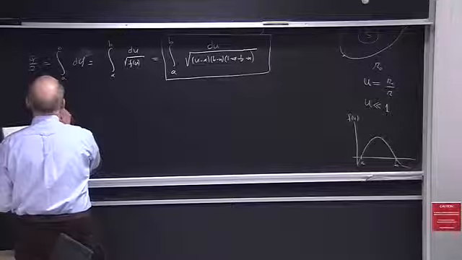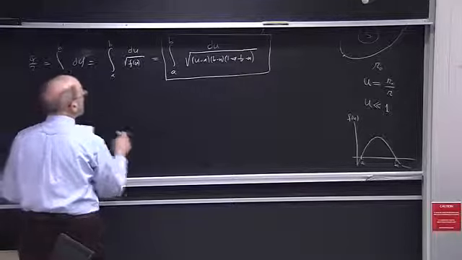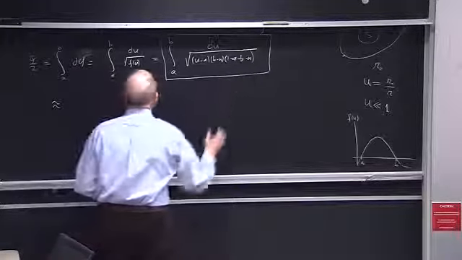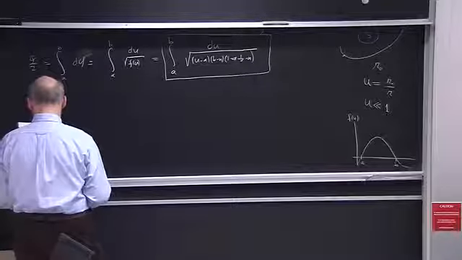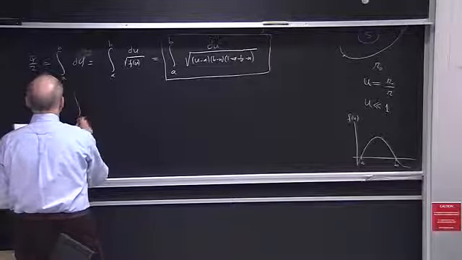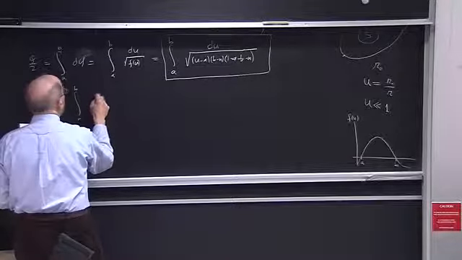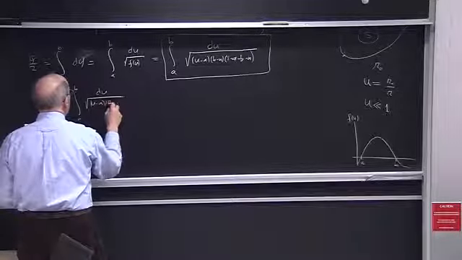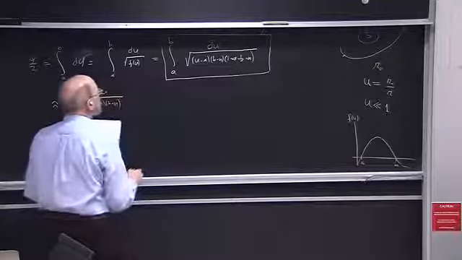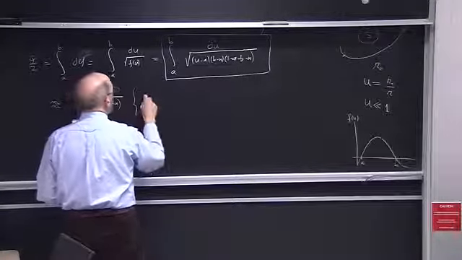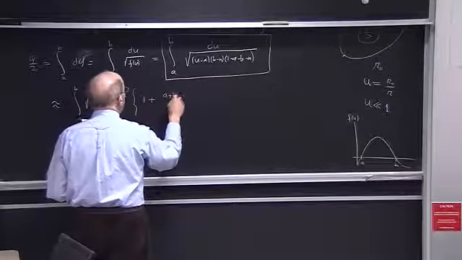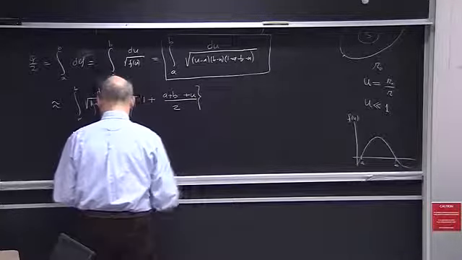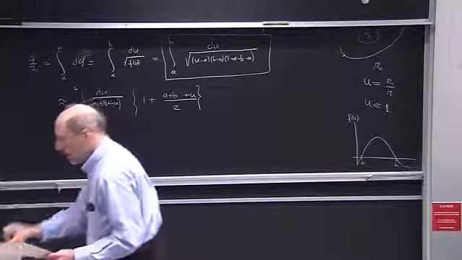So if we approximate this and expand out the square root of 1 minus a small term, it will then be the integral from a to b again of du over the square root of u minus a times b minus u. The point is we can do this integral, and then we just have to multiply it by 1 plus a plus b plus u over 2, right? And that'll then split.